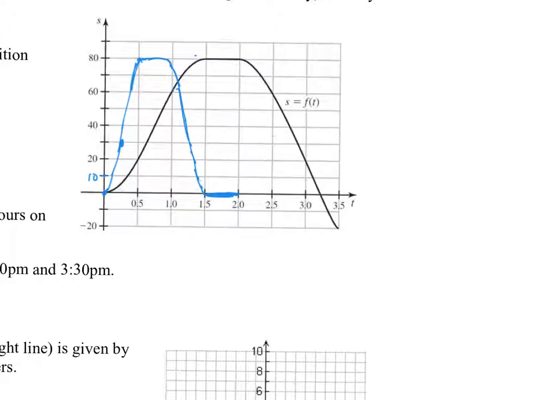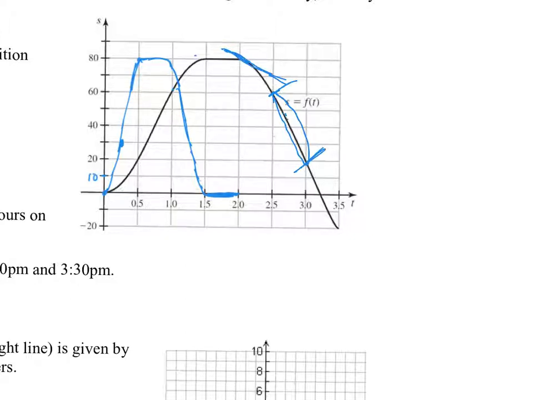Now let's continue to look at the graph. Just picture in your mind, in your head. So the slope here is somewhat flat, right? And then from here to here it looks like a pretty straight line. For a similar reason, because it looks like a straight line, I would say the velocity is pretty constant.